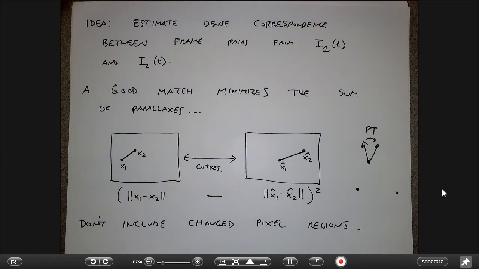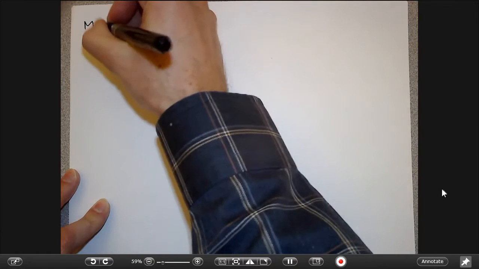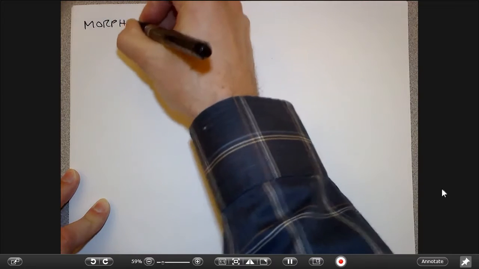Okay, so next topic, and one that I'm sure you are already familiar with, is morphing, right? Morphing is an effect of my childhood, like the Michael Jackson video and Indiana Jones and stuff like that, where you have one face that you're transforming into another face, okay? This process relies on a dense correspondence between the images.